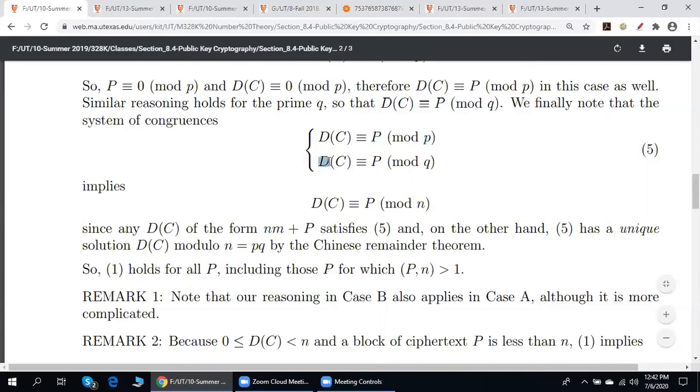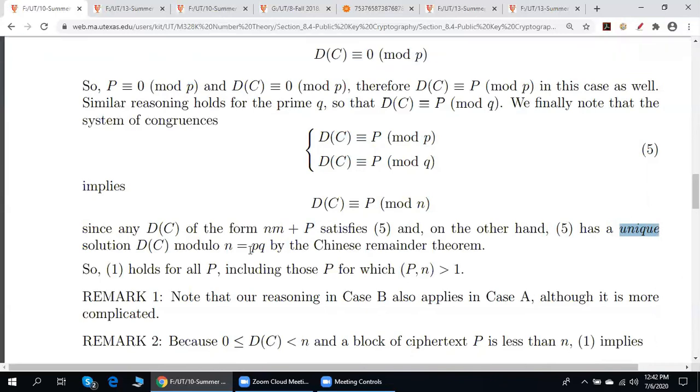For the same reason, we can replace this by this, because nm plus p minus p is divisible by q. So once again, any d of c of this form satisfies this system. On the other hand, this system has a unique solution, modulo n, by the Chinese remainder theorem.